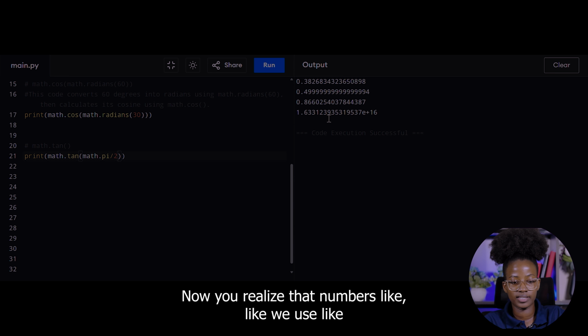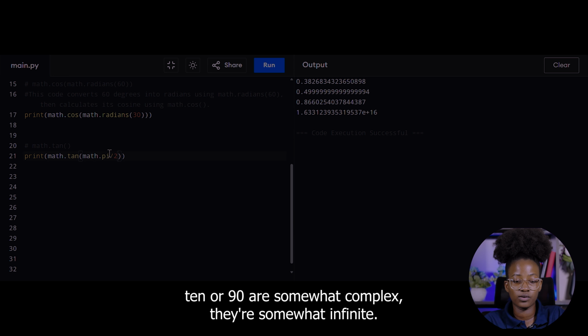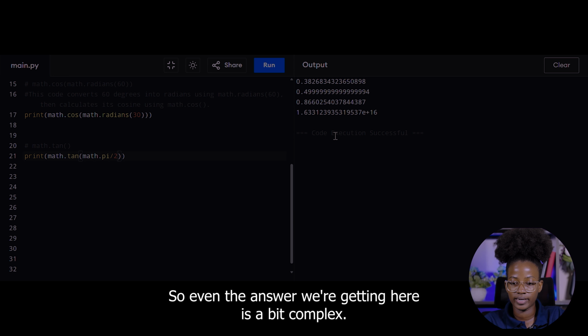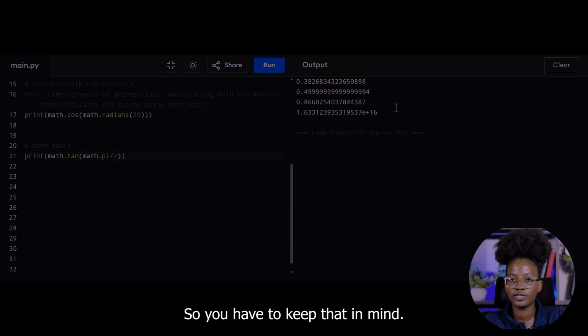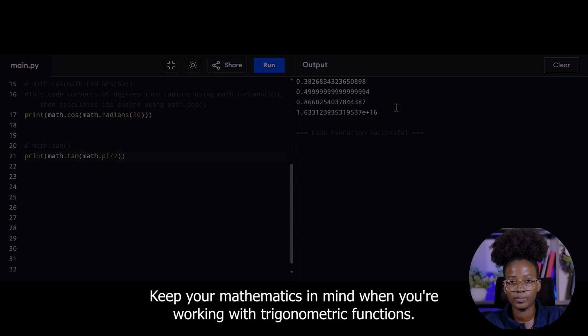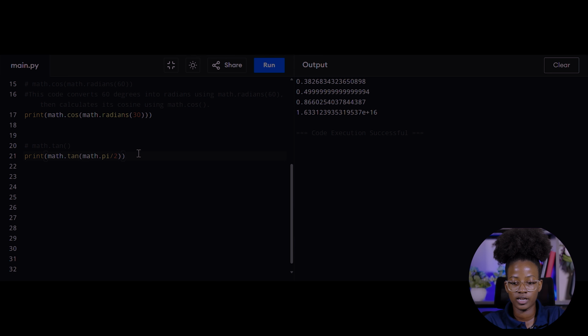Now you realize that numbers like this, like tan of 90, are somewhat complex. They're somewhat infinite. So even the answer we're getting here is a bit complex. So you have to keep your mathematics in mind when you're working with trigonometric functions.